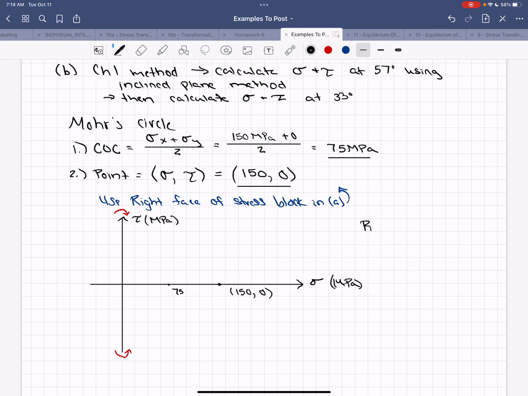So the radius equals the square root of sigma x minus sigma y over 2, squared, plus tau xy squared. So we get that R equals 75.